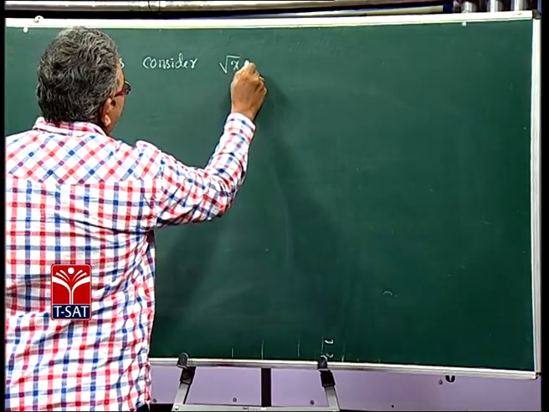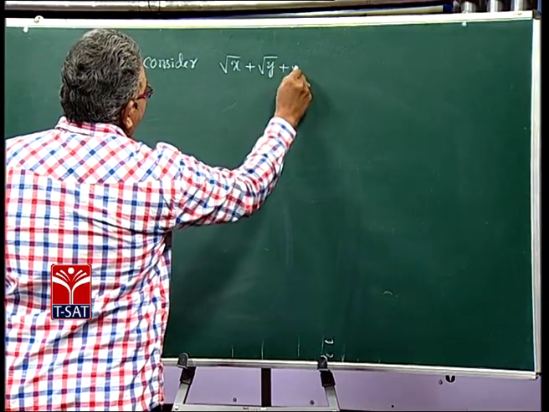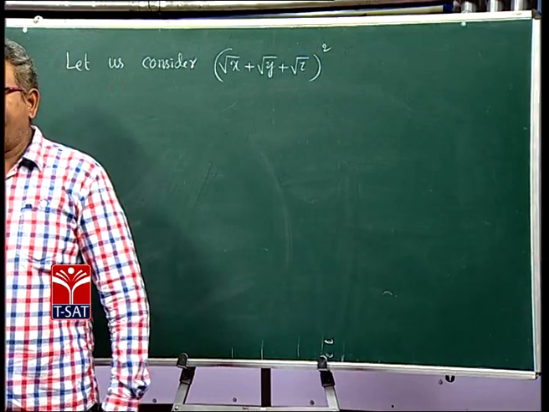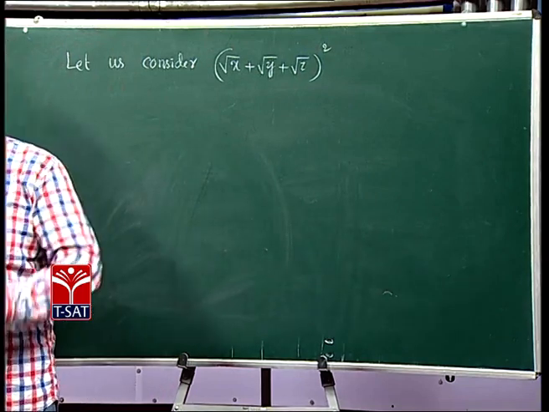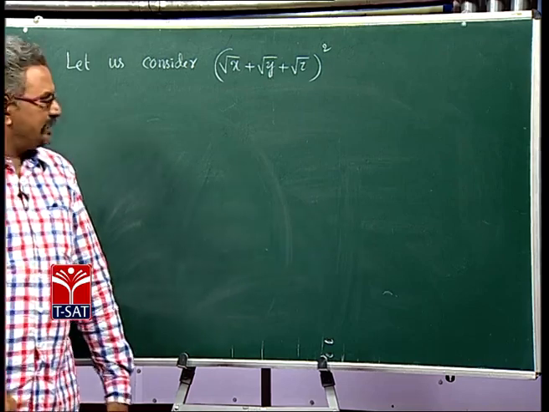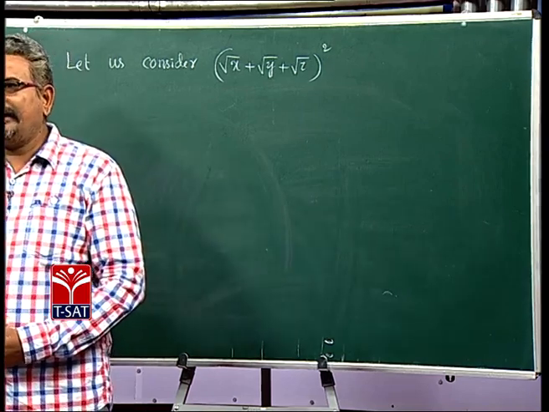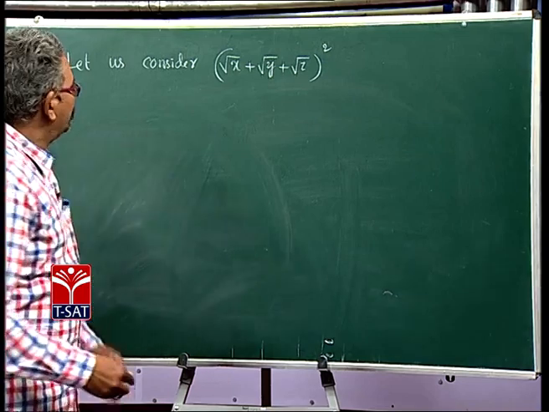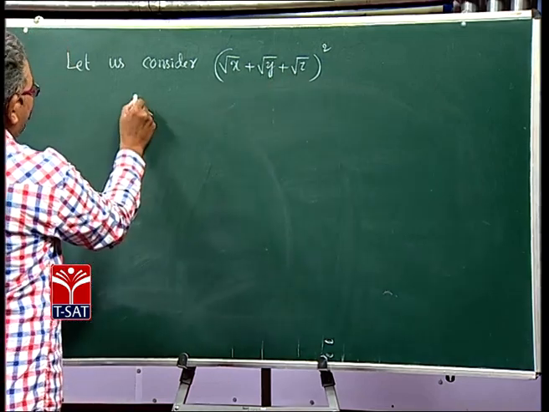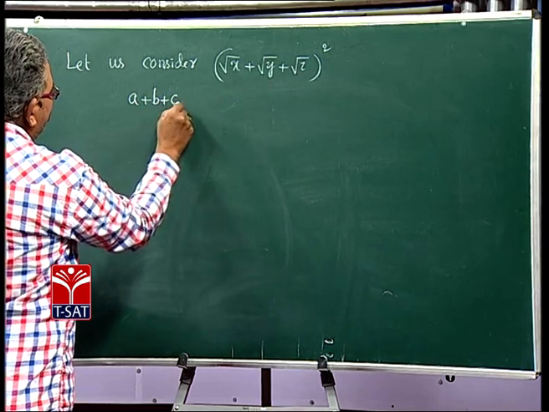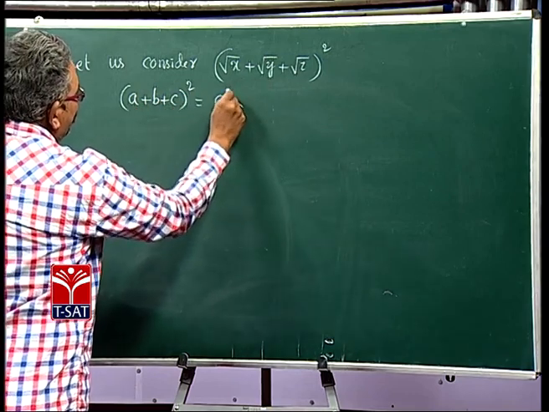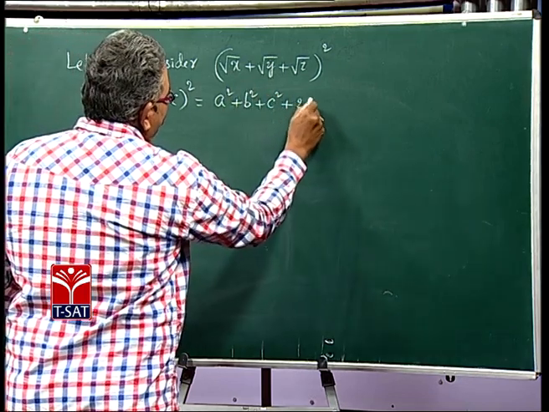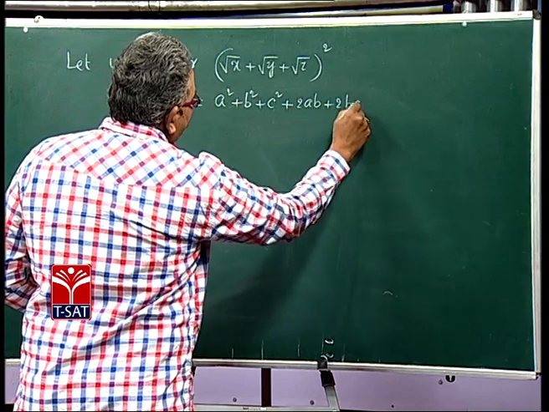Root x plus root y plus root z whole square. So, let us expand it. Okay, how can you expand this one? This can be expanded using the a plus b plus c whole square formula. Now this can be written using the formula a plus b plus c whole square equals a square plus b square plus c square plus 2ab plus 2bc plus 2ca.